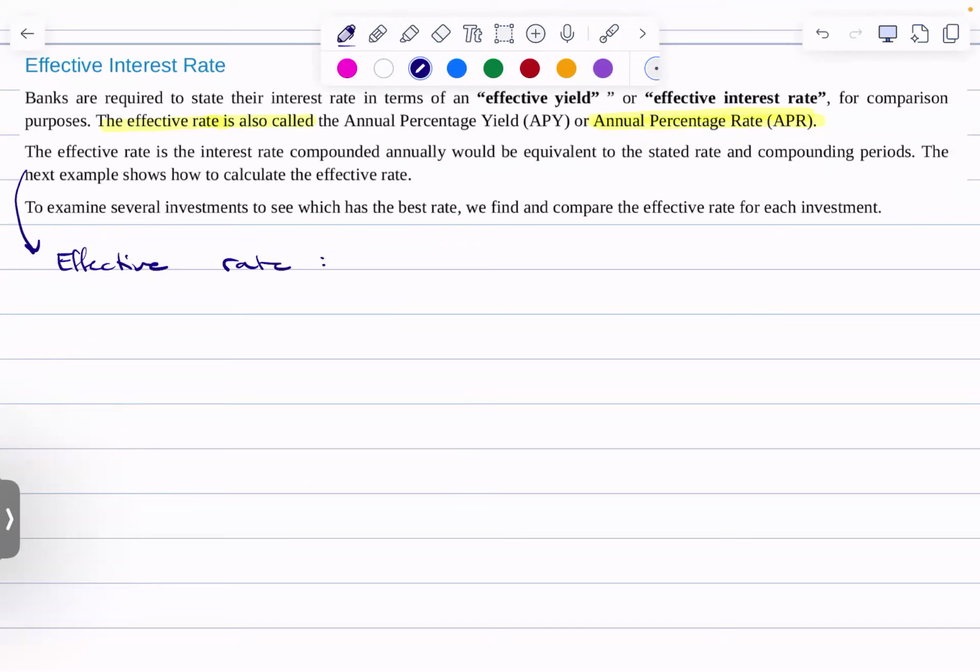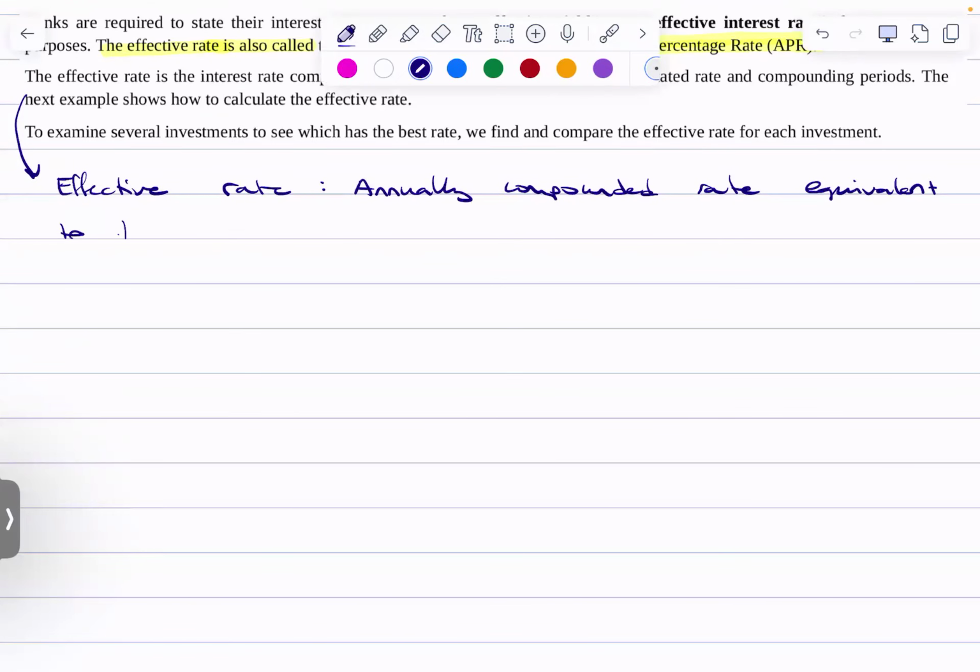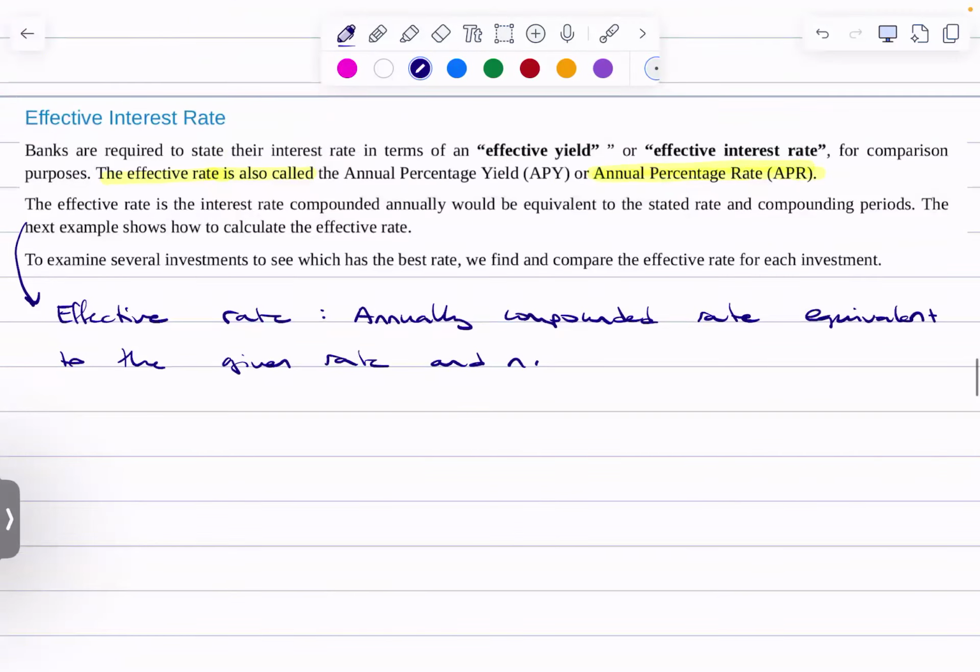The effective rate is the annually compounded rate equivalent to the given rate and n. The reason we want it is so that we can compare annually compounded rates.